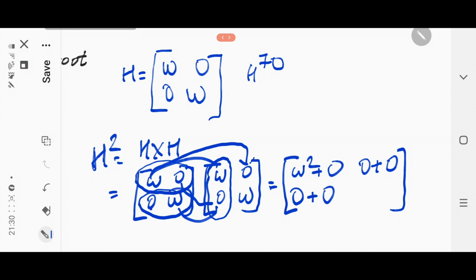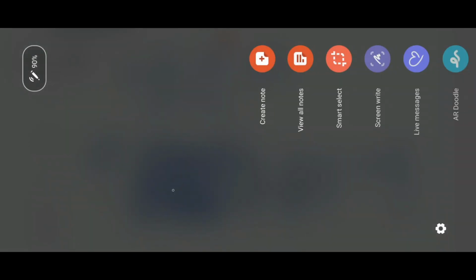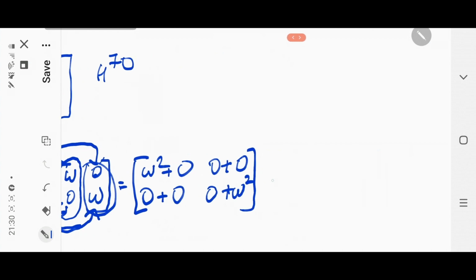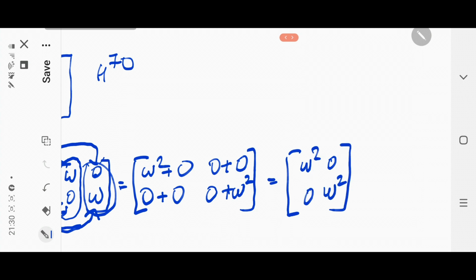Again multiplying, you take this row and multiply to this column: omega into 0 is 0, omega into omega is omega square. You know matrix multiplication, right? Yes. Therefore, you get the answer as omega square 0 and 0 omega square.